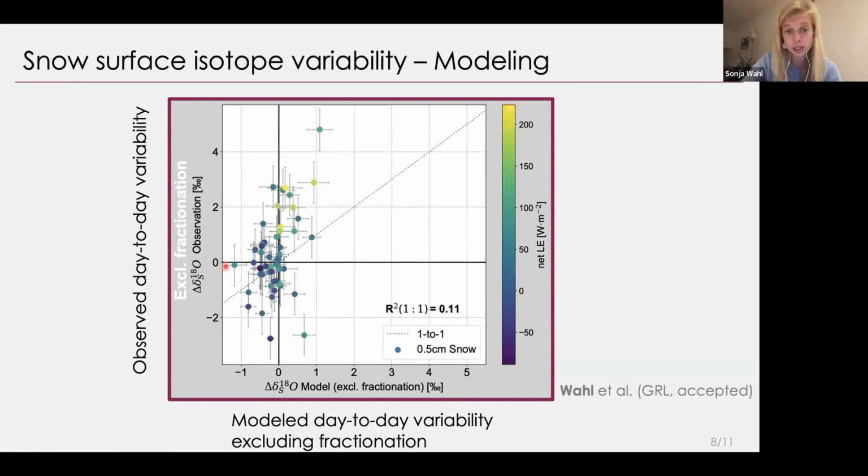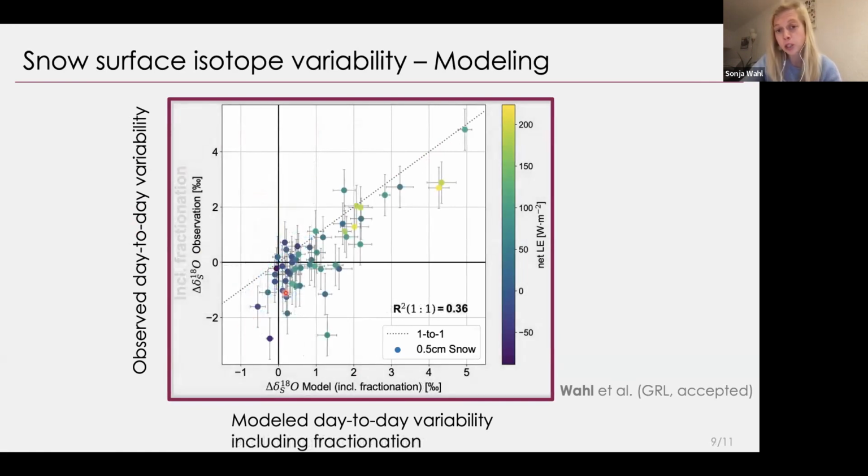And here you see that the model performs not very well. This is the one-to-one line. So the model doesn't capture the variability at all, basically. But then once we switch on isotopic fractionation during sublimation, the results fall much closer on the one-to-one line.